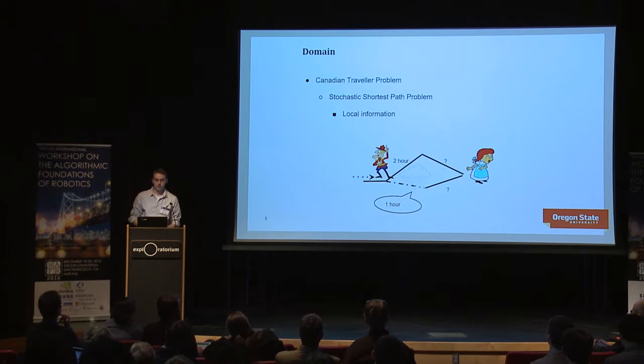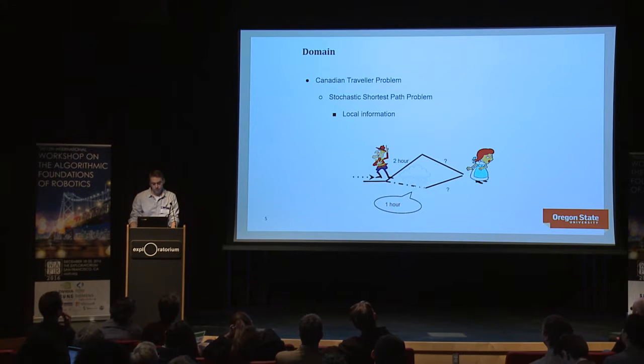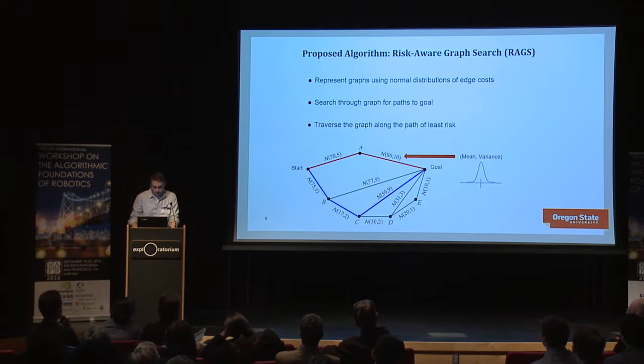So for sensors, if we're driving in this example, our eyes can visually see the weather conditions and estimate how the terrain will be in our local area. But we'll have a model of what the farther road conditions would be. So we're not exactly sure, but maybe we have a probabilistic guess of what these are going to look like. And so to address this problem, we propose risk-aware graph search.